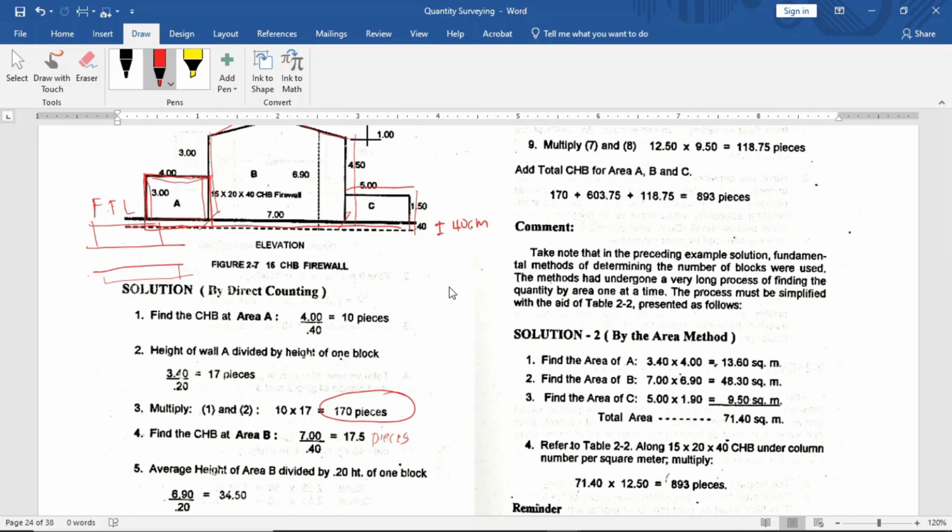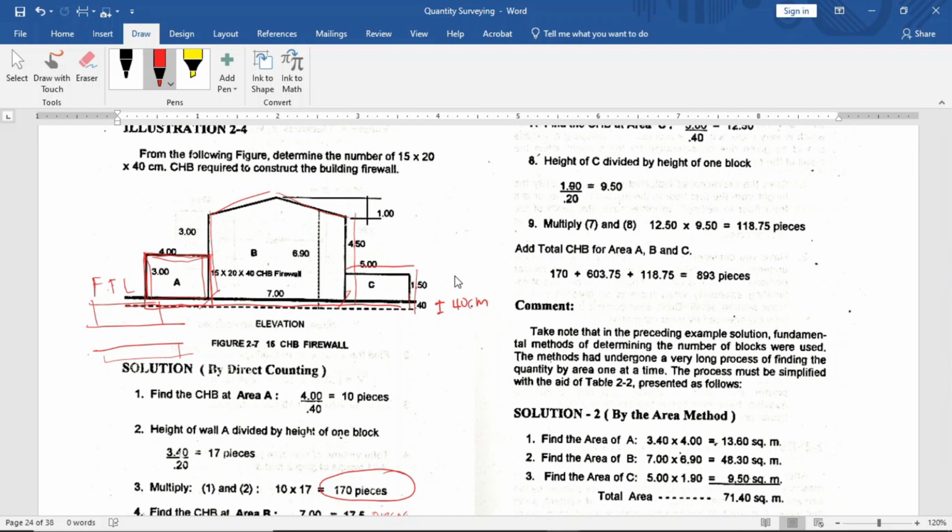So sa area B naman, since yung shape natin is ganito, irregular shape natin, parang hindi siya square or rectangle, may halong square tapos triangle sa taas.